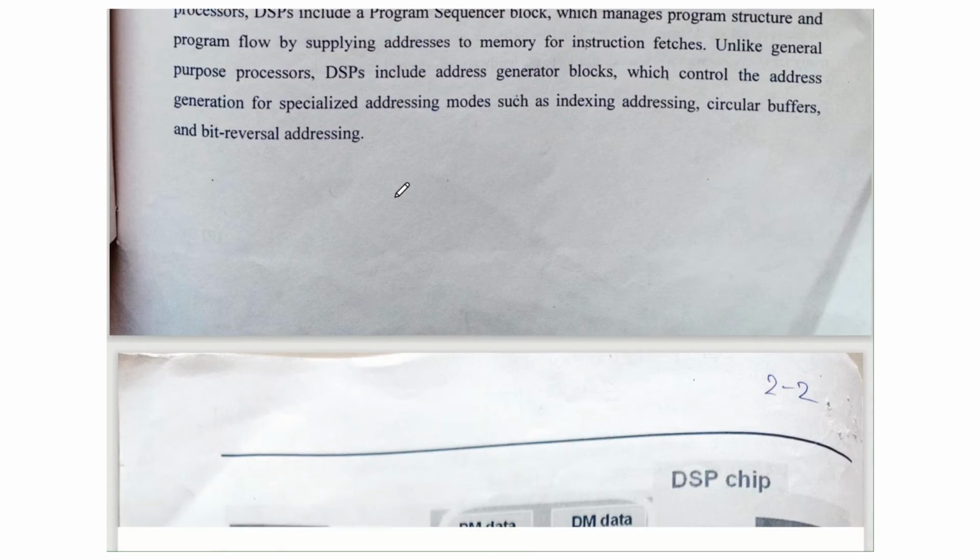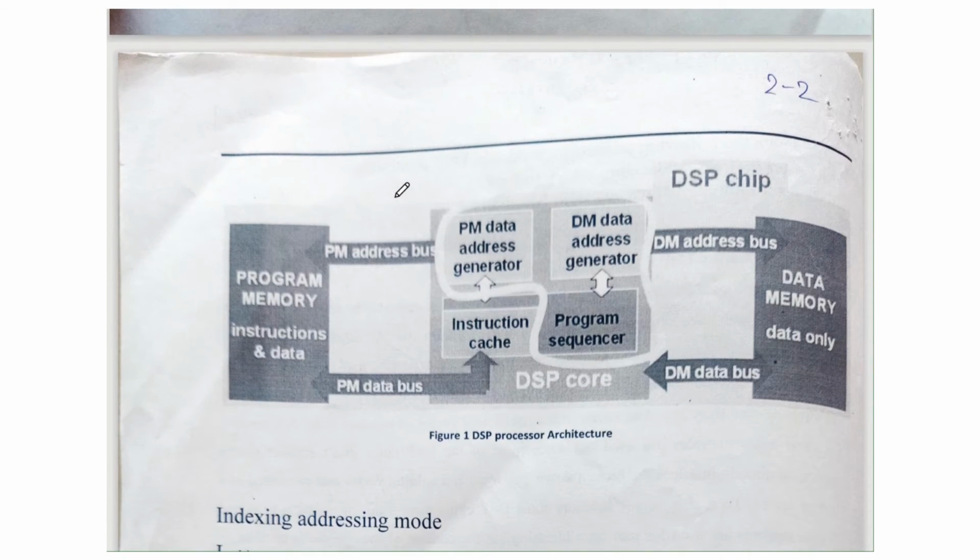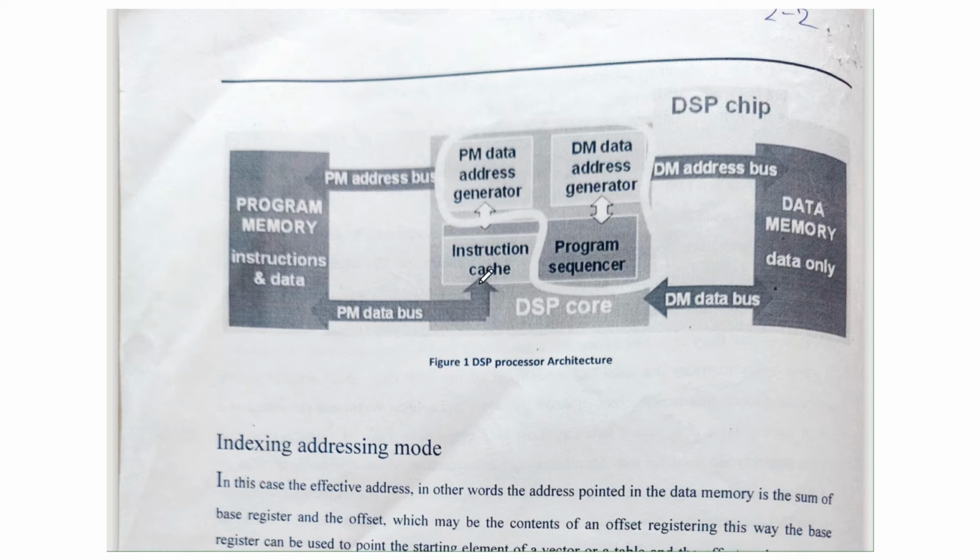Okay, so now this is the diagram of the DSP chip. Here there are the program memory, which stores instructions and data, and the data memory, which stores data only. So this is the data bus, primary program memory address bus, program memory data bus.